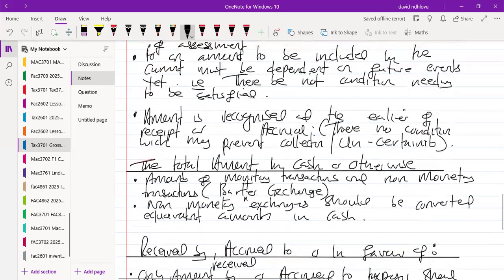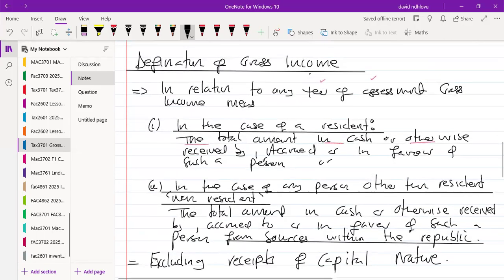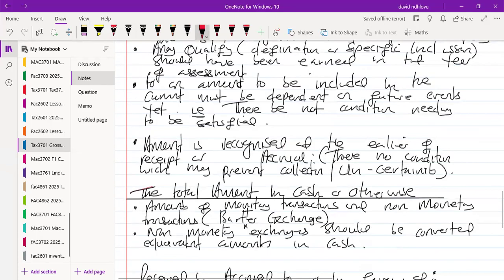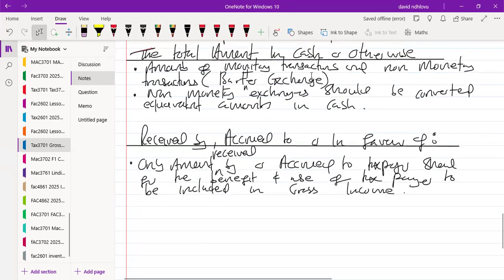So we have said the total amount in cash or otherwise received by, accrued to, in favor of such a taxpayer. Then we are saying excluding receipts of a capital nature. So we want to talk about the receipts of a capital nature. These are not included.